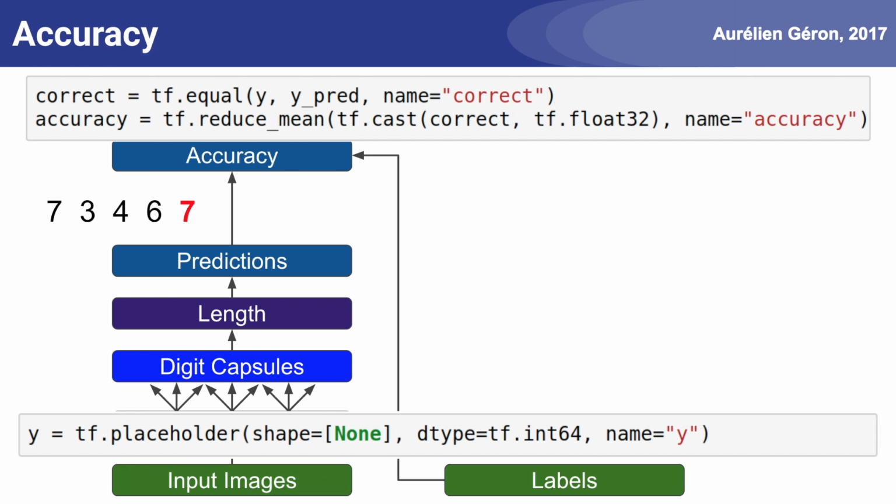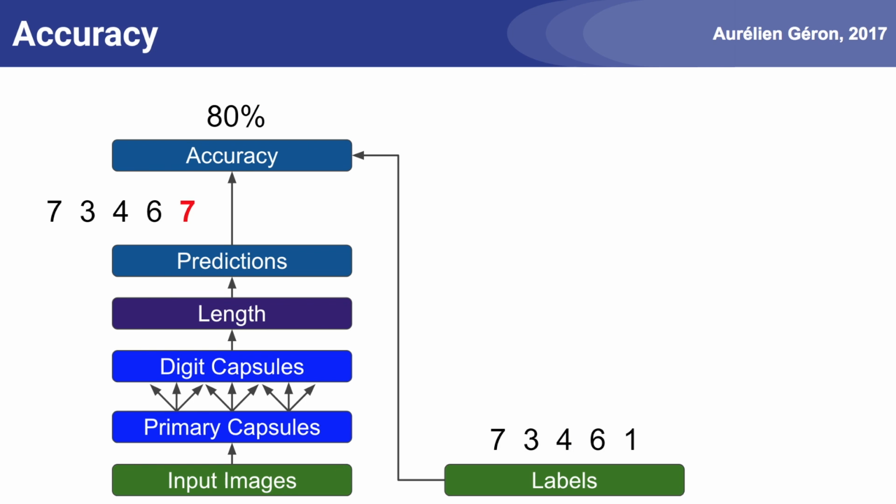We just use the equal function to compare the labels and the predictions y_pred, and this gives us an array of booleans. So we cast these booleans to floats, which gives us a bunch of zeros for bad predictions and ones for good predictions. And we compute the mean to get the batch accuracy. The labels y are just a regular placeholder, nothing special. And that's it. We have a full model able to make predictions.